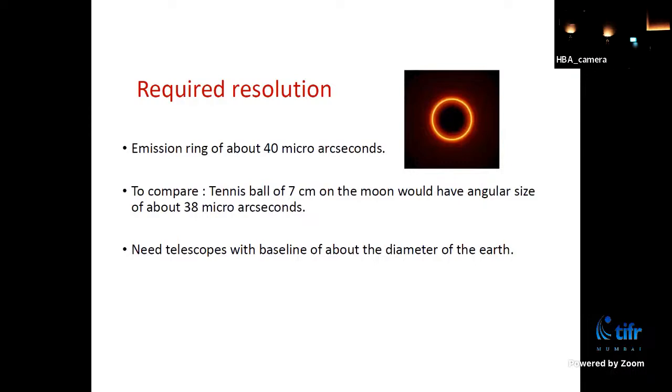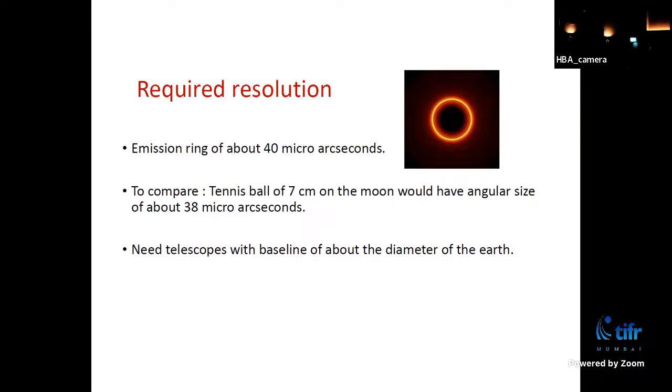Now let us try to understand what resolution is required so that we can see the black hole shadow present in the M87 black hole. It is known that the emission ring of the M87 black hole is about 4 micro arc seconds. To see how small this is, let us consider an example.